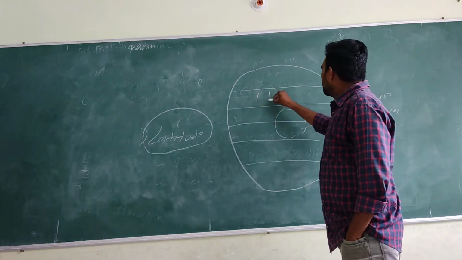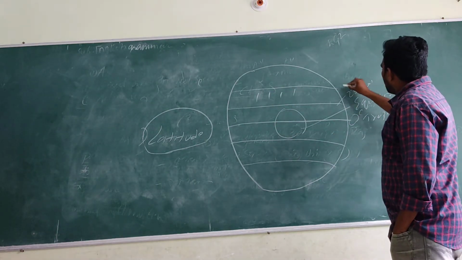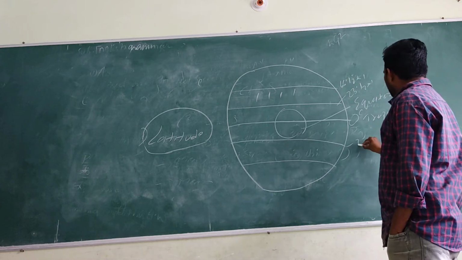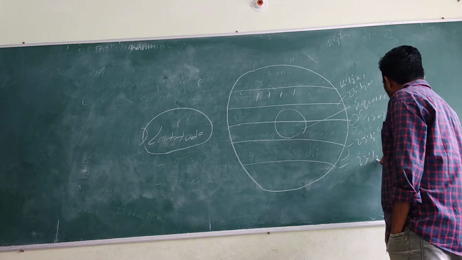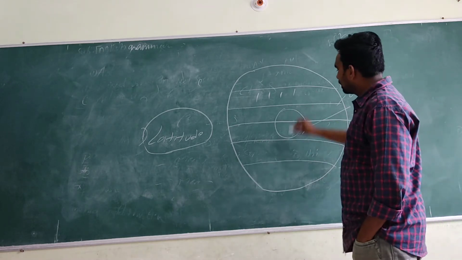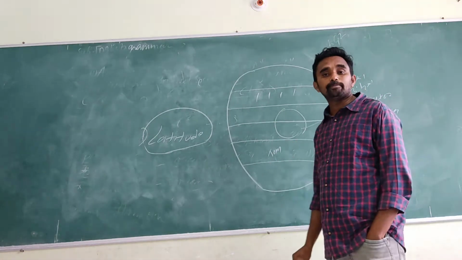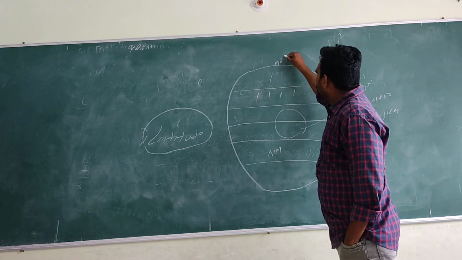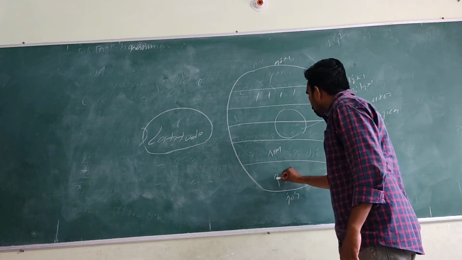The area between 23.5 degrees north and 66.5 degrees north, and 23.5 degrees south and 66.5 degrees south, is known as the temperate region. And the area near the poles, the North Pole and South Pole, is known as the polar region.